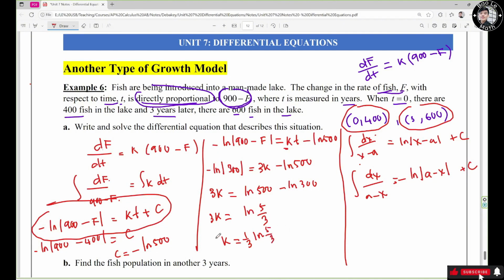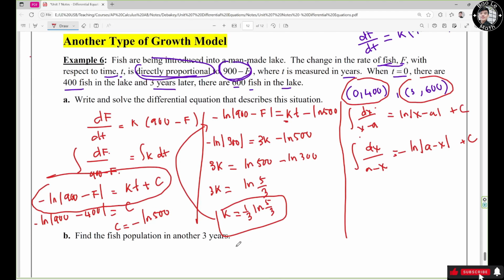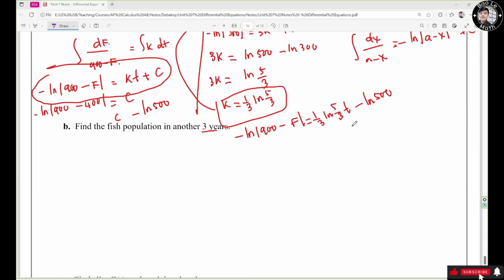So then I substitute this back into the equation. I have negative natural log of absolute value of 900 minus f equals 1/3 natural log of 5 over 3 times t. Now be careful, t is multiplied by natural log of 5 over 3. It's not 5 times t, so be careful. So you need to bring t to the front.